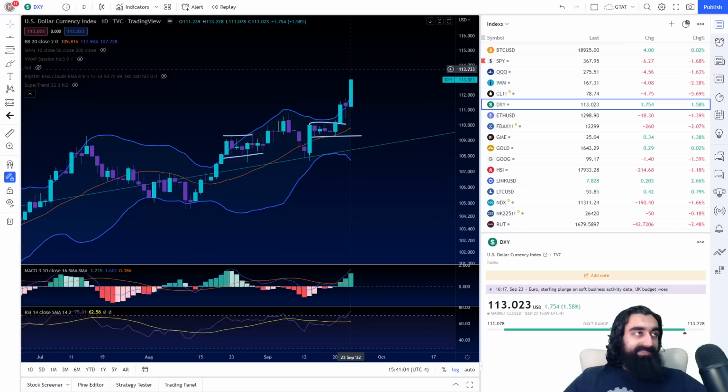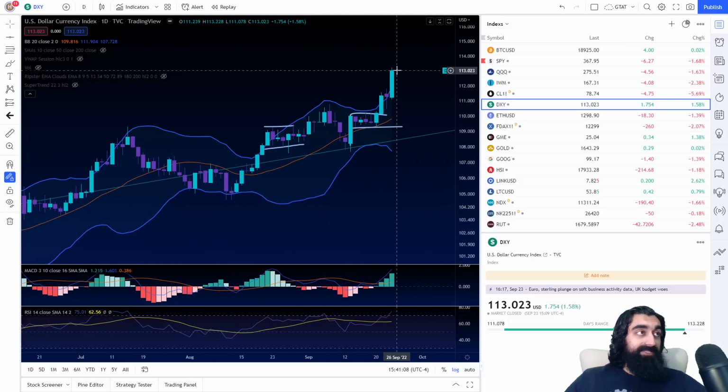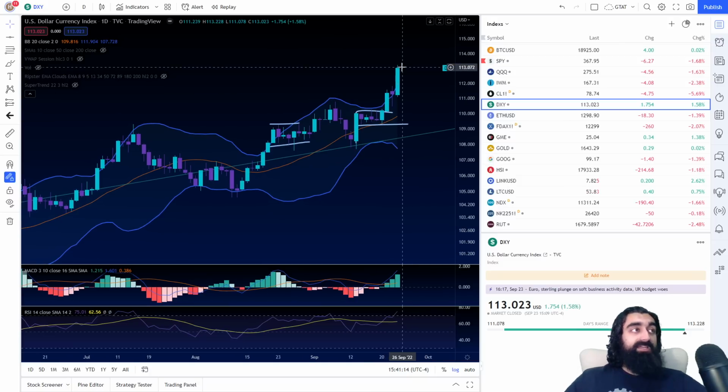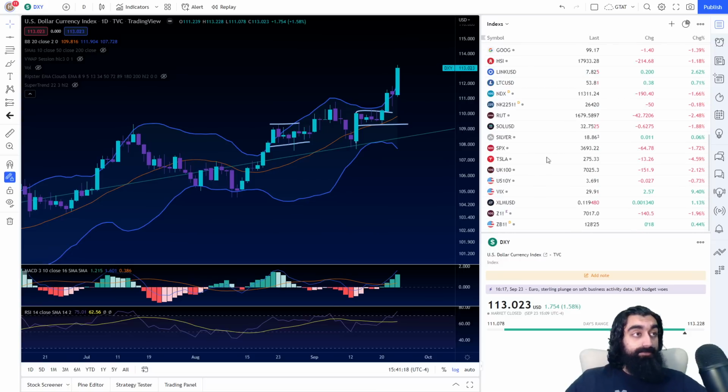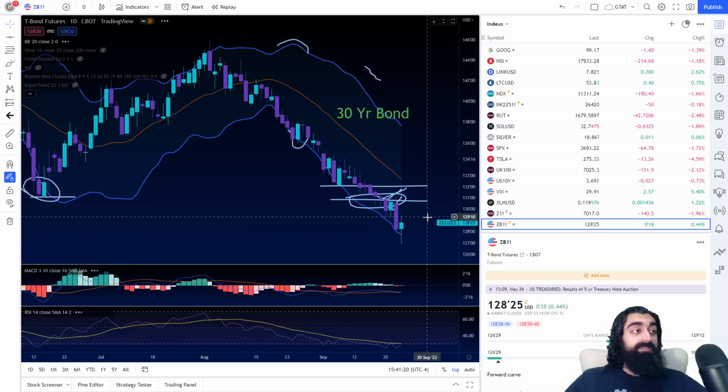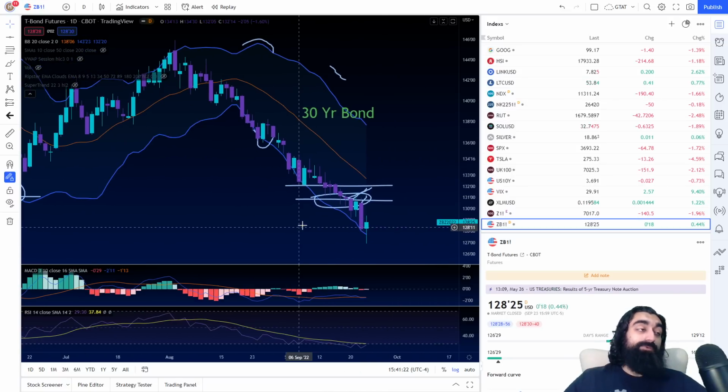So we can see the dollar is very overextended to the upside, showing clear strength, but it's very, very overextended now. We might have a day where we get a period of consolidation. If we get a period of consolidation for the dollar, it could be bullish for the stock market. Similarly with the 30-year bond, we continued to make newer lows, but what would be nice is if we could see these lows hold.